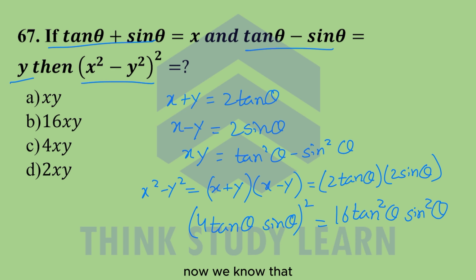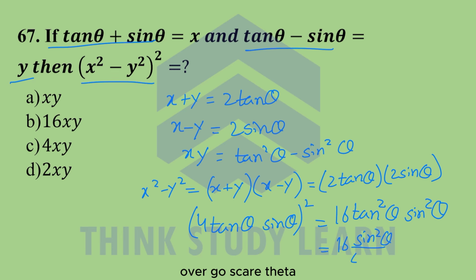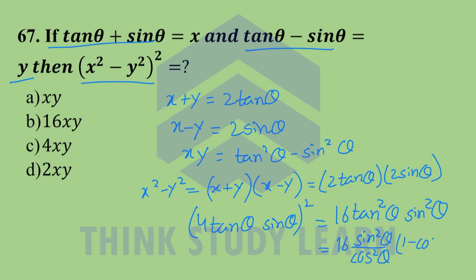Now we know that we have to find the value in terms of x and y. To find the value in terms of x and y, we will simplify further. Tan square theta can be written as sine square theta over cos square theta, so we get 16 sine square theta over cos square theta, and sine square theta can be written as 1 minus cos square theta. Now we will simplify.